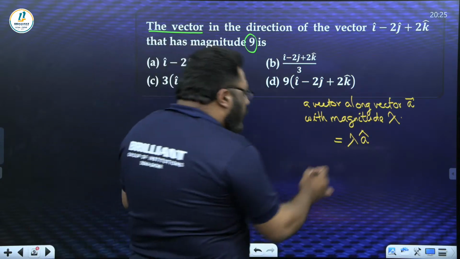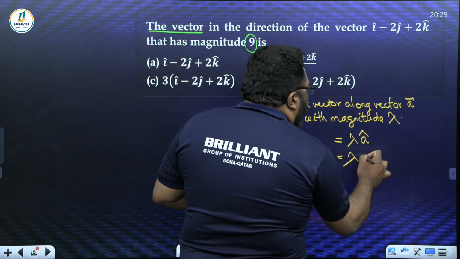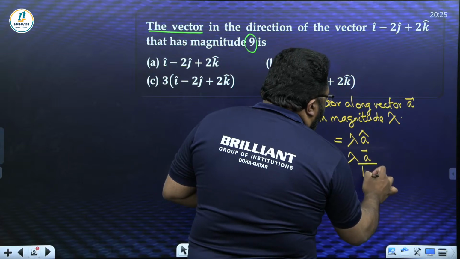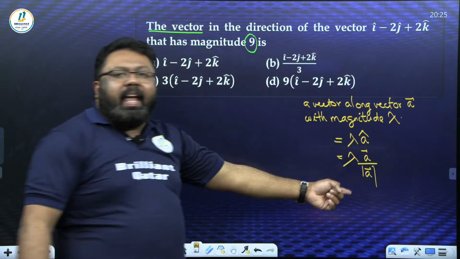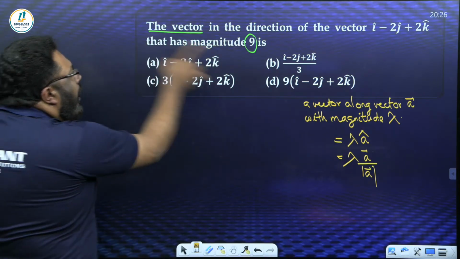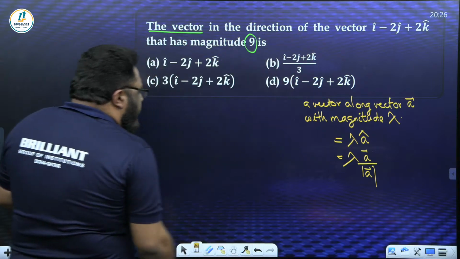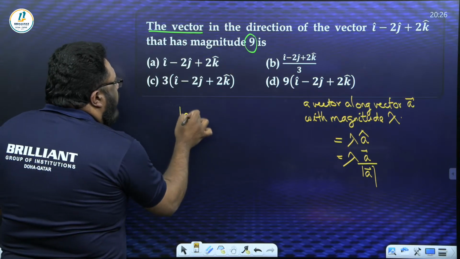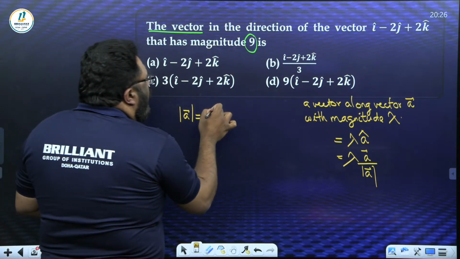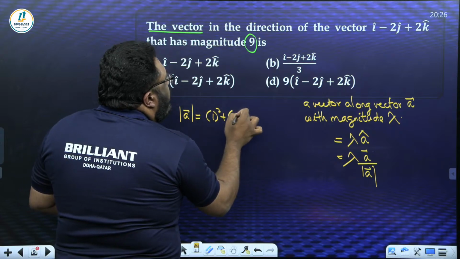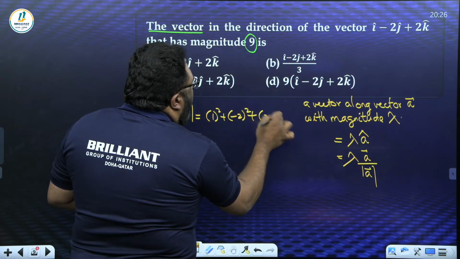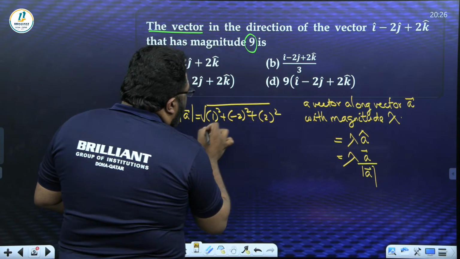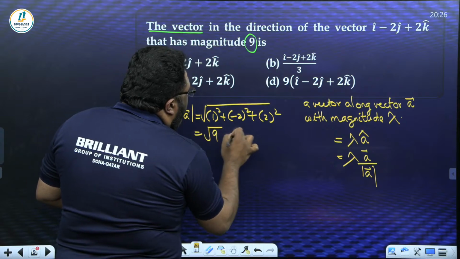What is A cap? The unit vector, A by magnitude A. So lambda A by magnitude A. Use that logic. Here A is i minus 2j plus 2k. So what's the magnitude of the vector A? 1 squared, negative 2 squared and 2 squared. Yes, root 9, that is equal to 3.